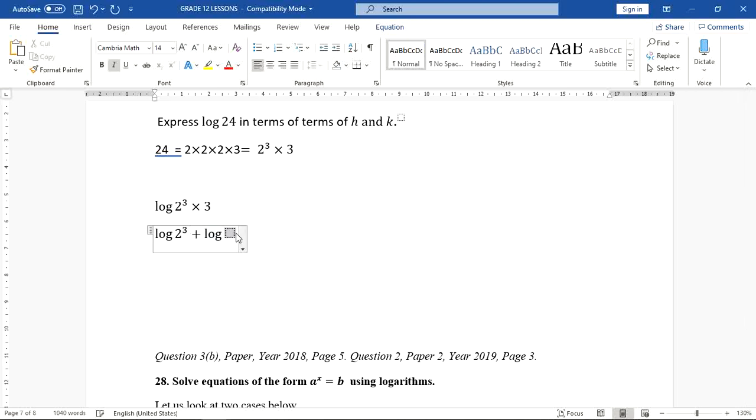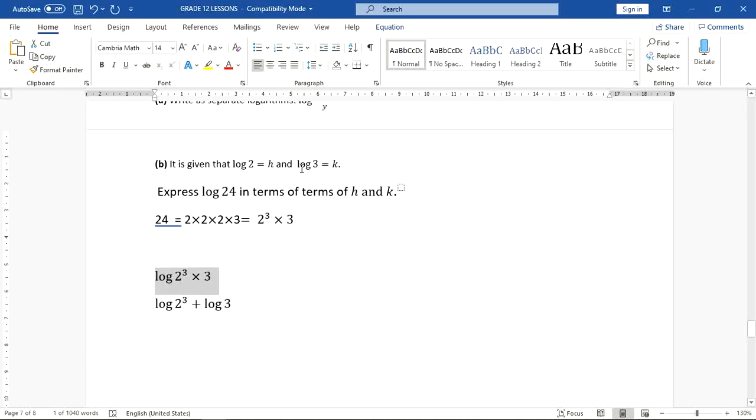This is the reverse of the product law. So if you're multiplying these two numbers, it's the same as log 2 exponent 3 plus log 3. Now what do we know? We know that log 3 is none other than k.